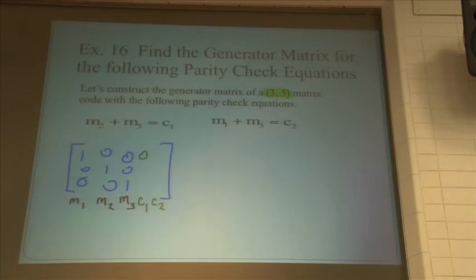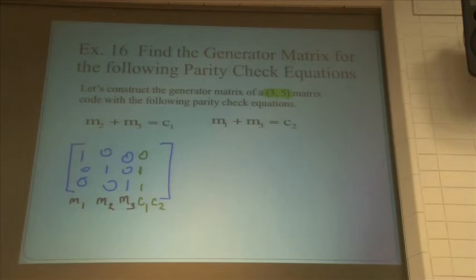M2 plus M3, 1 plus 0 is 1. Exactly. And the first check bit for the third row will also be 1. How are we doing so far? Is this getting clearer where this is coming from? So that's the first check digit for the 3 rows.